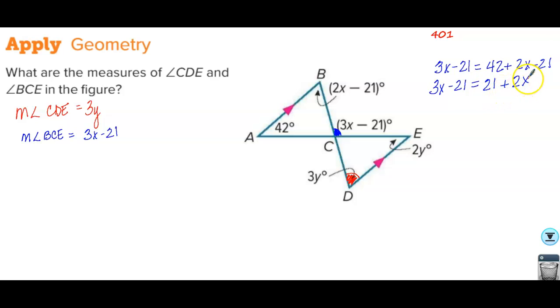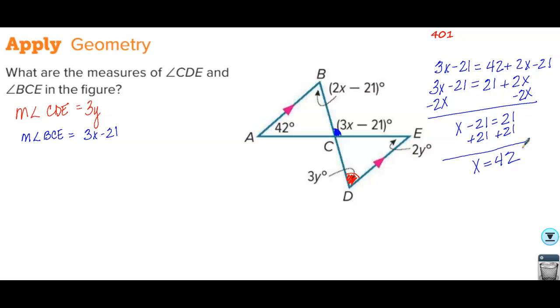Now I want to get all my variables on one side, so I'm going to get rid of the smaller variable, the 2x, by subtracting it from both sides. This gives me x minus 21 equals 21, all right? Therefore, x is 0. That's kind of weird. No, it's not. Strike that. If I add 21 to both sides, x is 42.